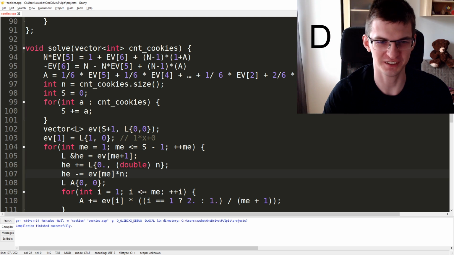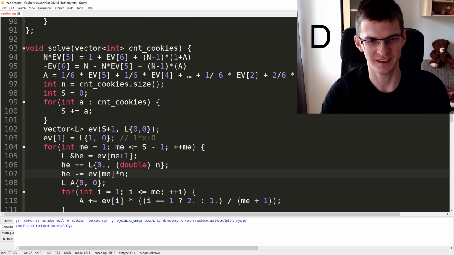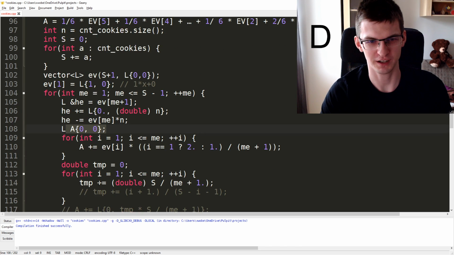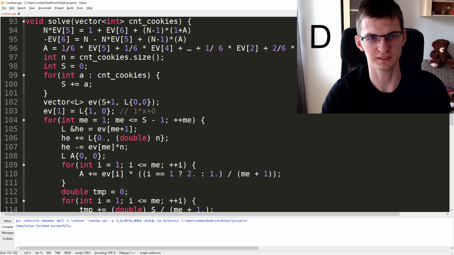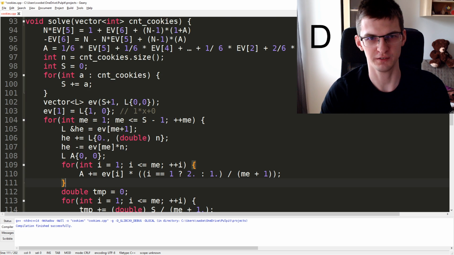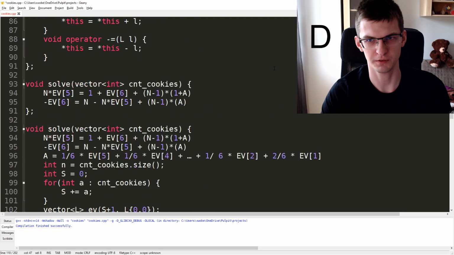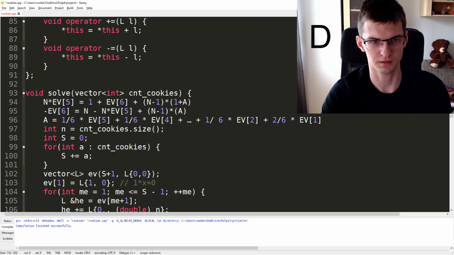Well, 5 is not the correct value to put here. I don't know why I had that. But let's finish reading. There is some a. At the end, I will add a multiplied by n minus 1. Yes, so a. There's that iterate over everything. And there is 1 over 6, 1 over me plus 1. But for EV1, there is this special bigger number. Okay, okay, okay.